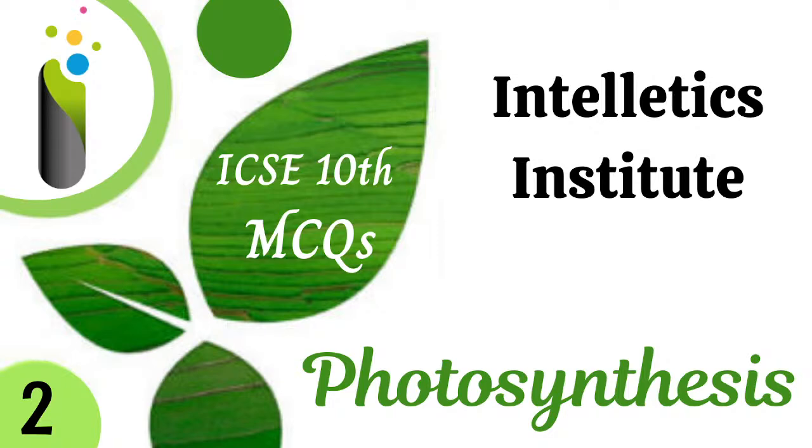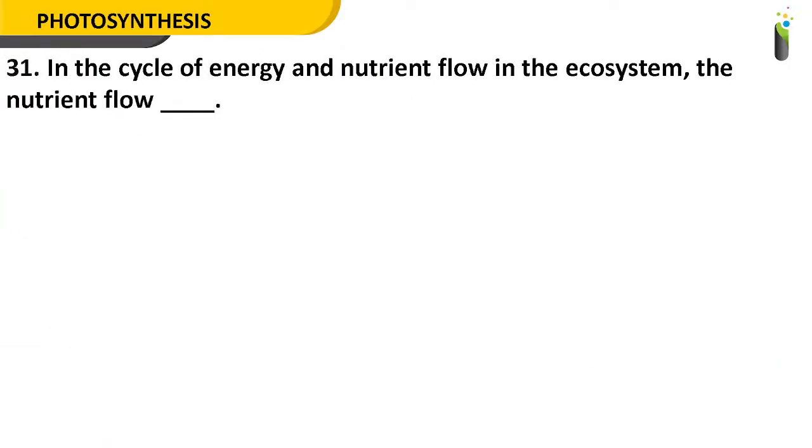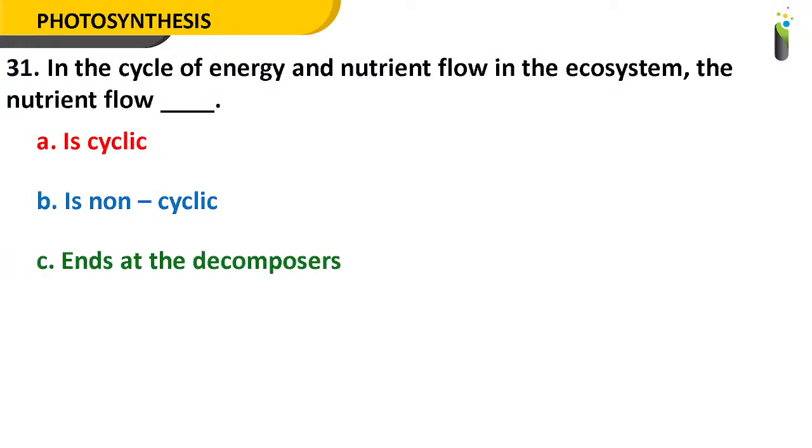So here we are. We start with question number 31. In the cycle of energy and nutrient flow in the ecosystem, the nutrient flow dash. A is cyclic, B is non-cyclic, C ends at the decomposers, D ends at the carnivores.